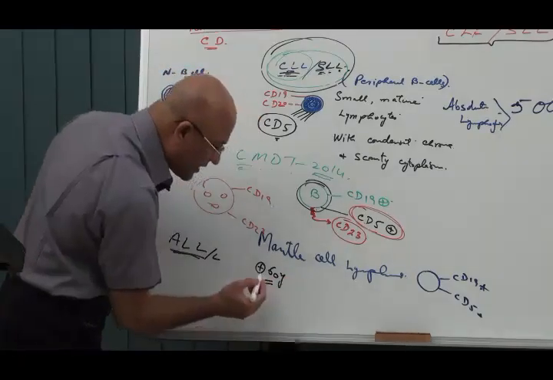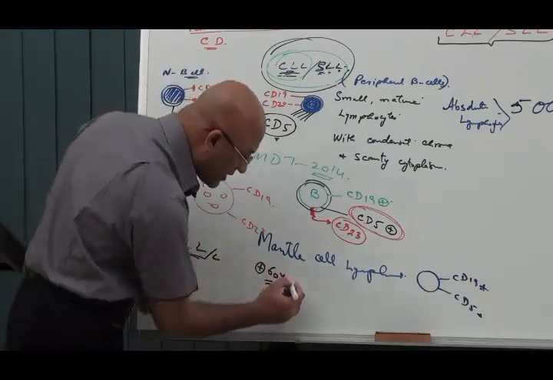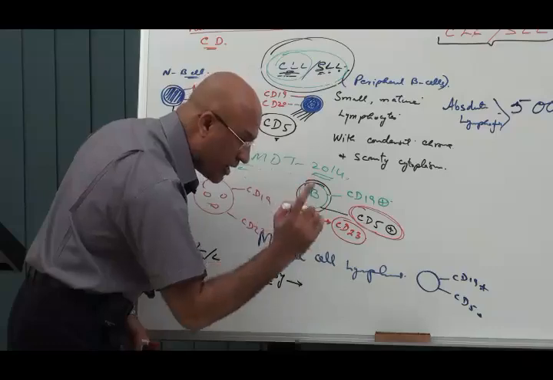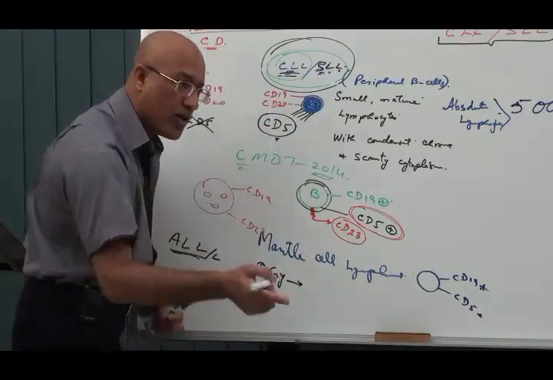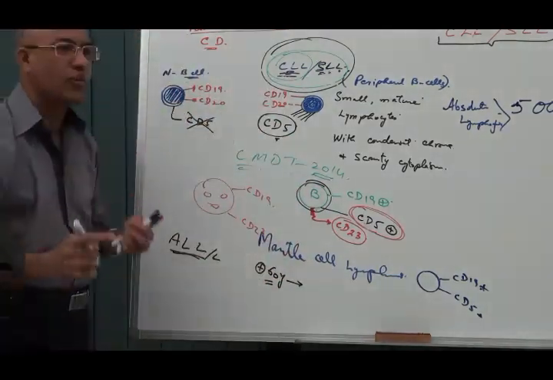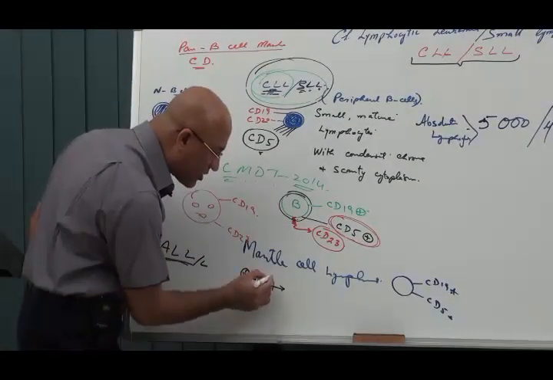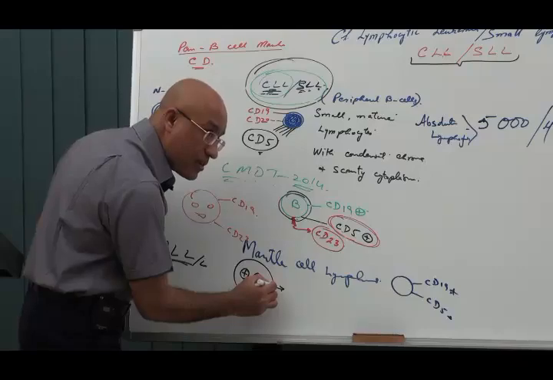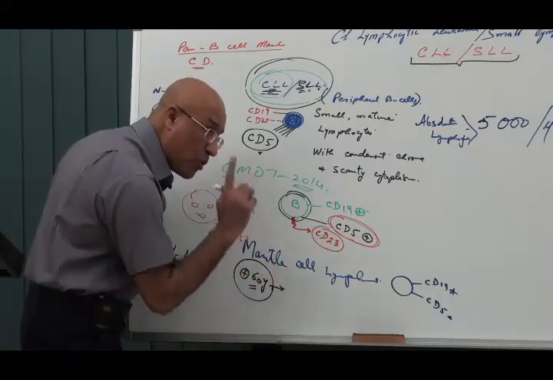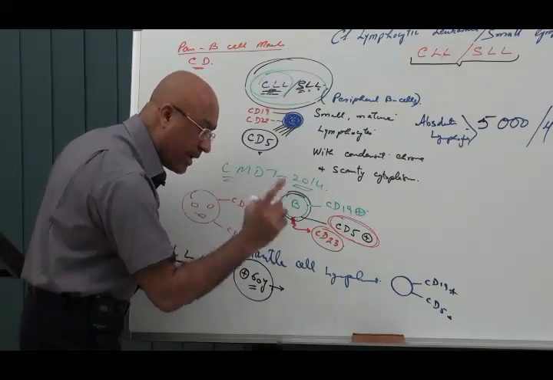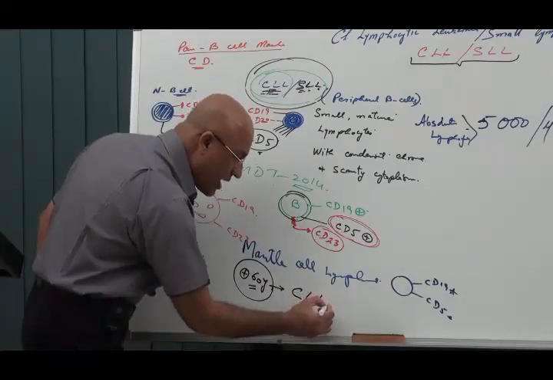So we can say 60 years and plus, right? Most common leukemia, especially in the Western world, because this leukemia is less common in Japan, China and other Asian countries. So in Western countries, the most common leukemia in elderly is CLL.